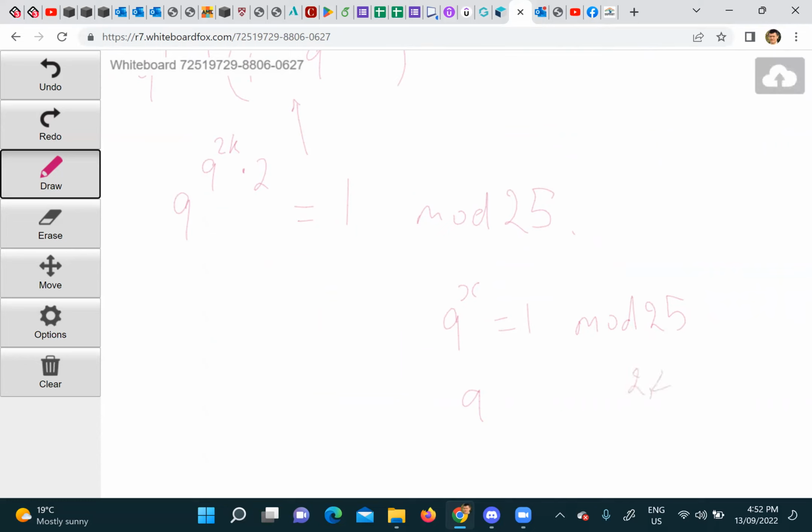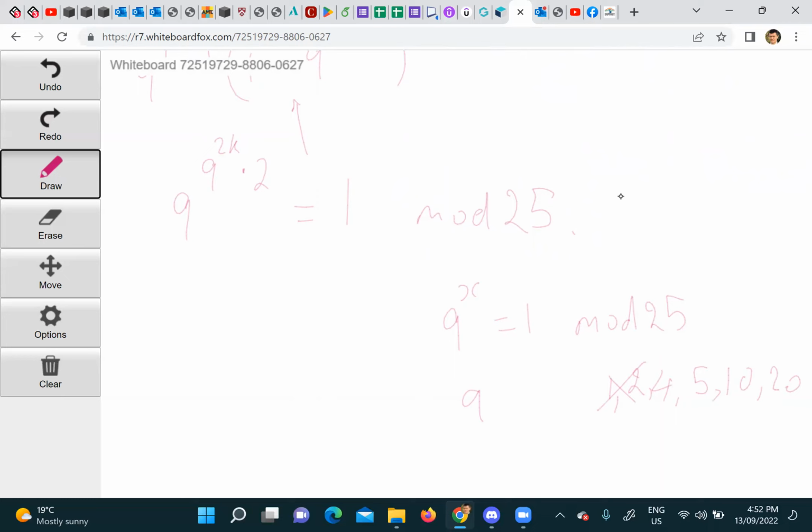It's either 2, 4, 5, 10, or 20. Should 9 raised to the power of 5 be equal to negative 1? Sure, there should be 6 options.